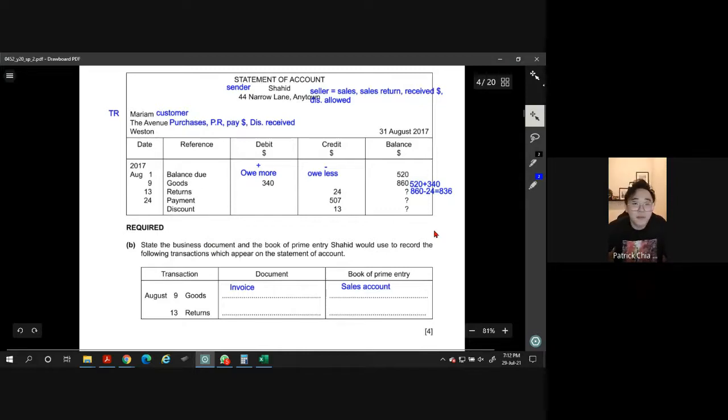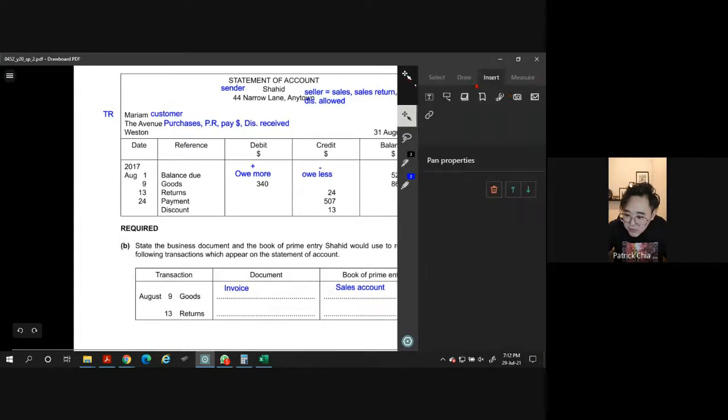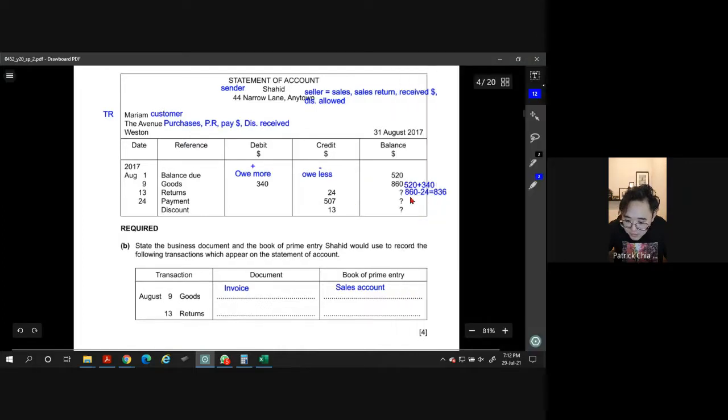Correct? Okay. Then we have payment, right? If you have payment, so obviously Mariam paid. So what happened to the balance? It will go even lower. So here will be 836 minus 507. Okay, then we get 329.